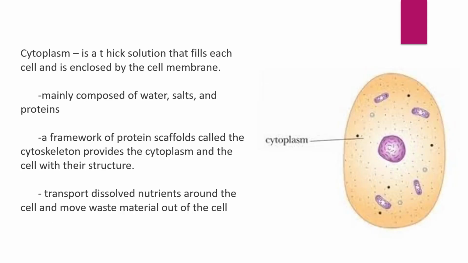Cytoplasm is a thick solution that fills each cell and is enclosed by the cell membrane, mainly composed of water, salt, and proteins. A framework of protein scaffolds called the cytoskeleton provides the cytoplasm and the cell with their structure, transports dissolved nutrients around the cell, and moves waste material out of the cell.